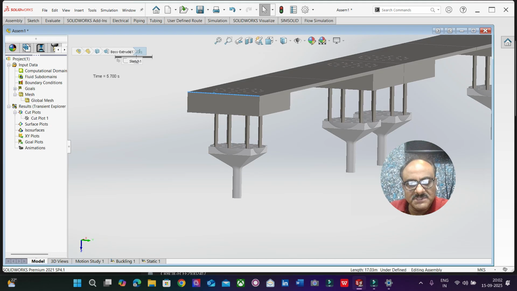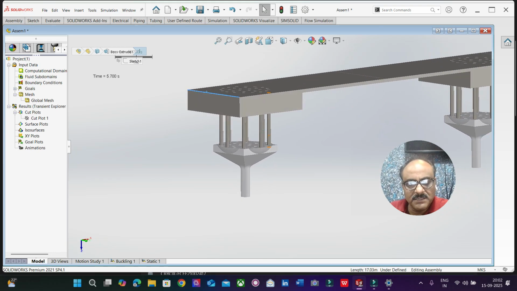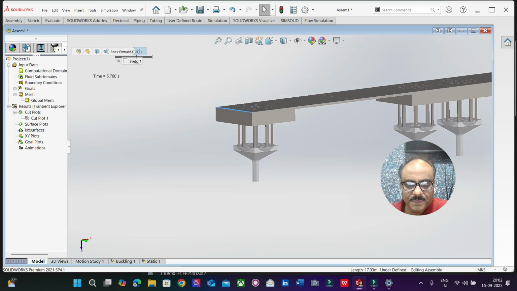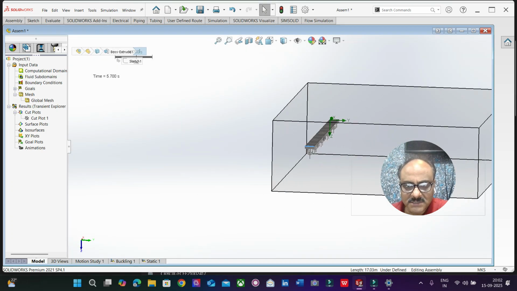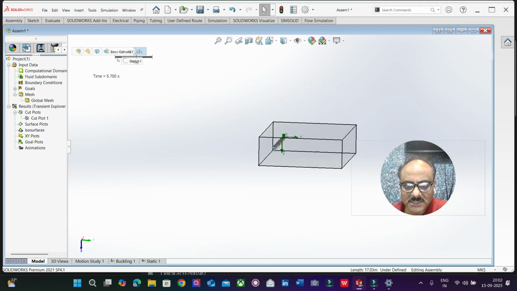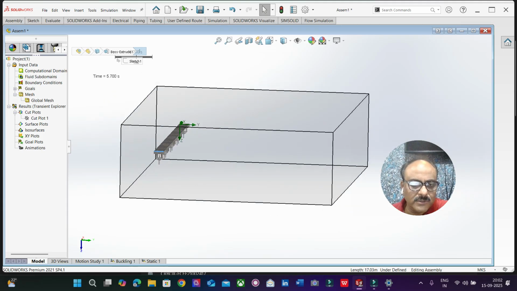It shouldn't collapse the structure. That is the reason the structure itself is elevated with columns, and these columns are constructed onto the pier cap. So the computational domain is this, and within this computational domain is where we are going to study the hydrodynamics.